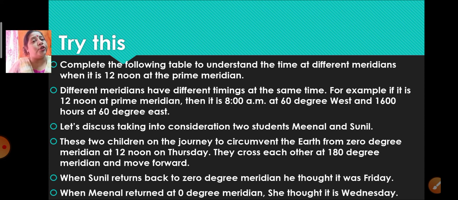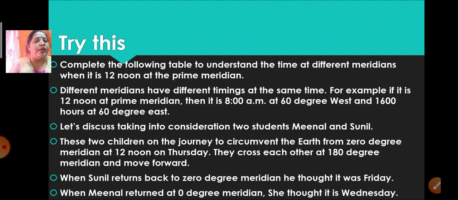Yes, the 0 degree meridian. When at the 0 degree meridian it is 12 noon, here 12 noon means 12 afternoon, then what is the timing at various meridians at that particular time? To understand this, we have to complete the table. Different meridians have different timings at the same time.